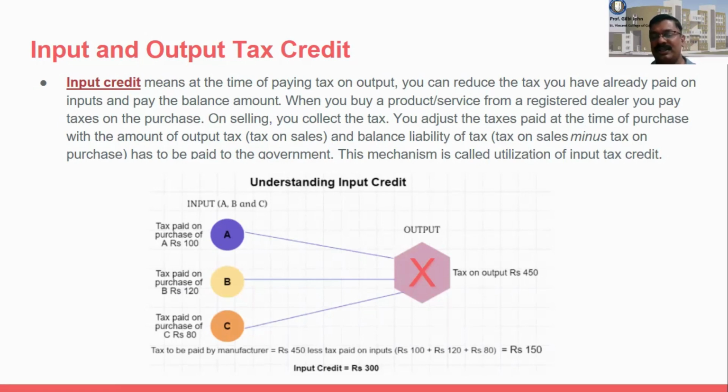So total GST on product X is 450, whereas already paid by me by way of purchase time taxes is 300. So I pay only 150. The same follows for any other purchase, from wholesaler to retailer, retailer to consumer. The difference in the amount that is being charged needs to be paid. This is called input and output tax credit.